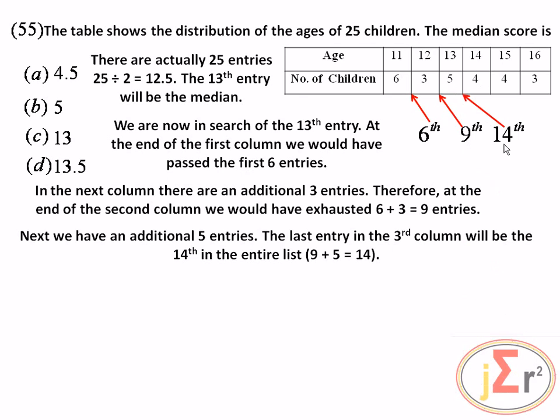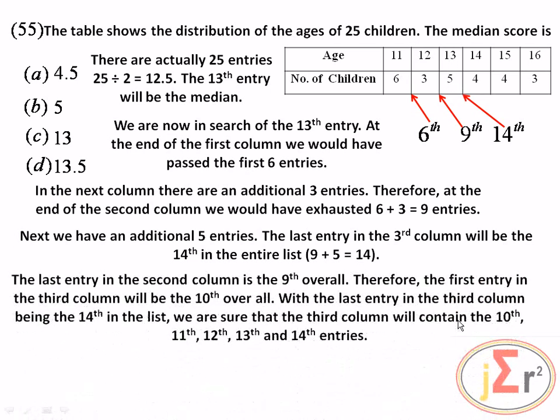14 entries. And we are looking for the 13th entry. Well, it is obvious that if the 9th entry is here and the 14th one is here, then the 13th one must be inside here. The last entry in the second column is the 9th overall.